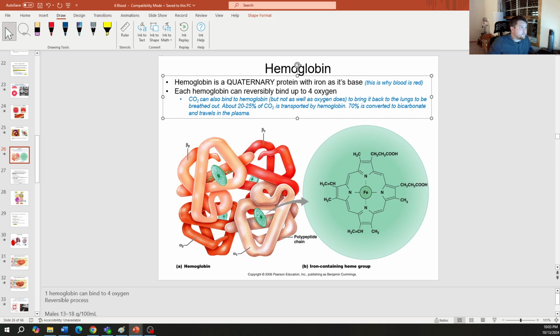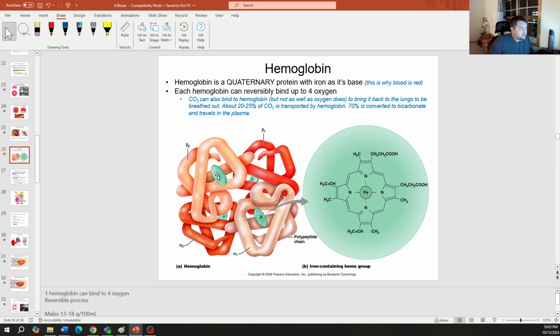So hemoglobin is a quaternary protein. Take a minute, think, remember what that means. What that means is that there are 4 individual polypeptide chains that all fold into their tertiary form, and then they all fit together nicely. So it's 4 polypeptide chains that all come together to make one big protein.